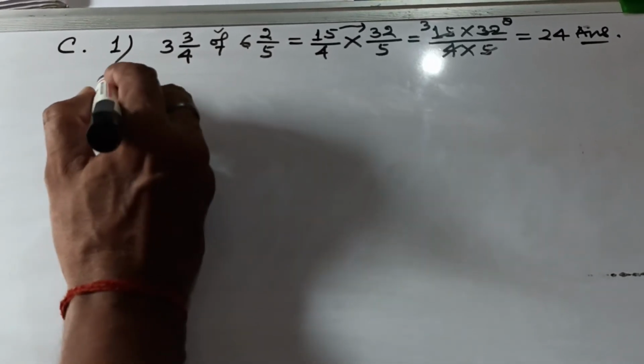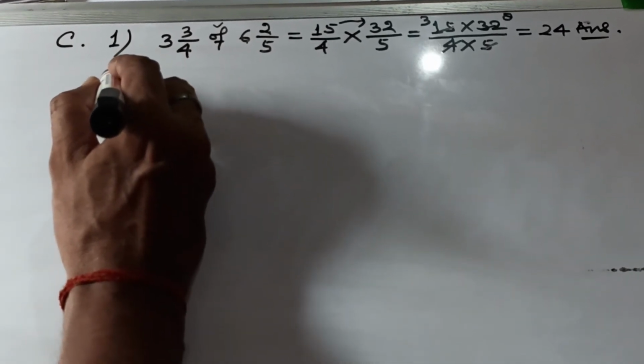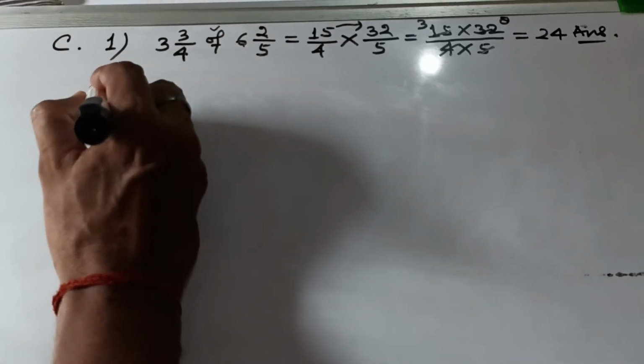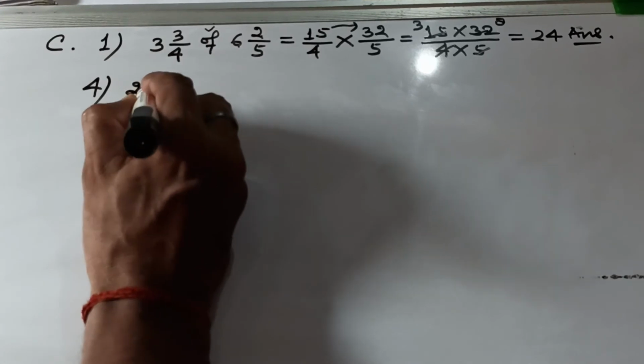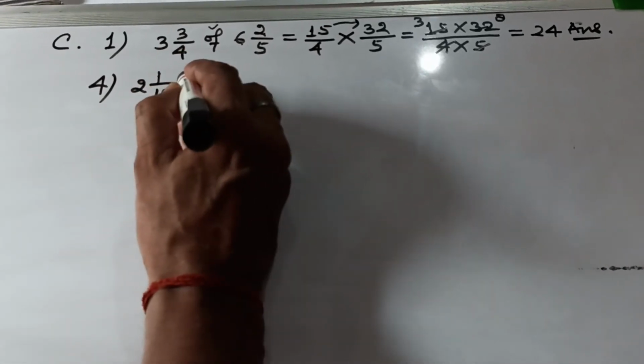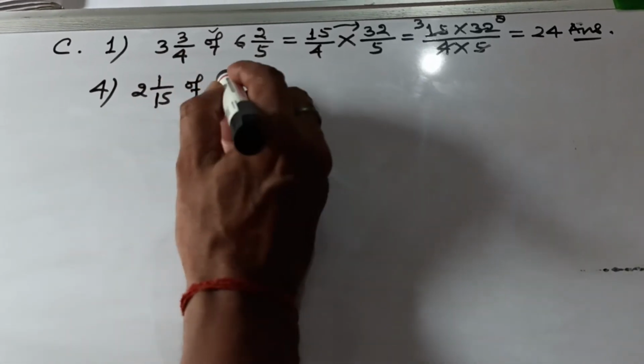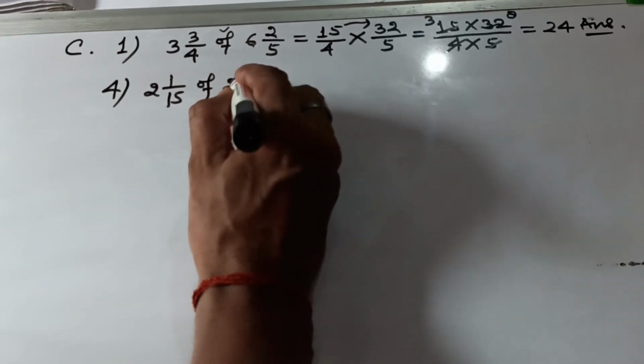Now again I am telling you fourth part. Other parts you can do. Fourth part is 2 whole 1 by 15 of 2 whole 1 upon 5.